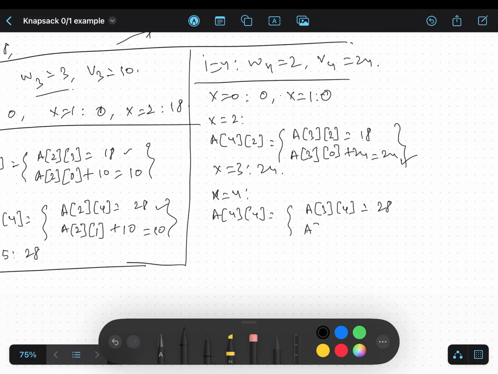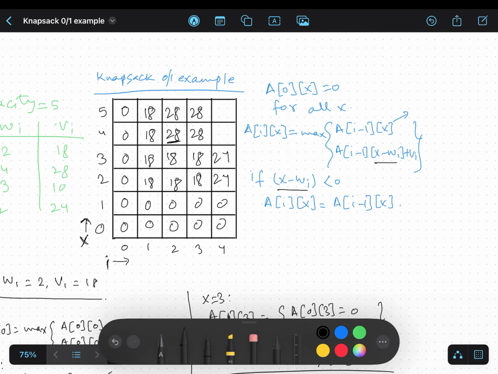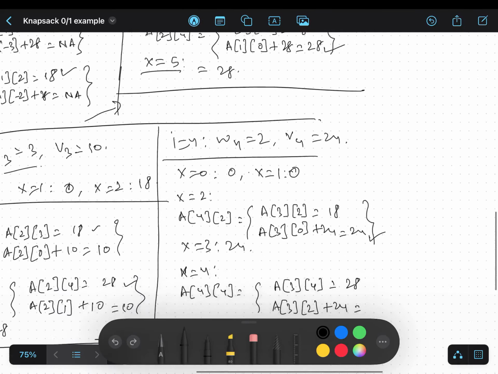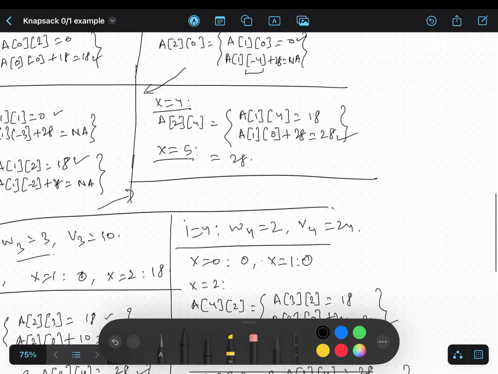And A[i-1] is 3, and x is 4. 4 minus w4 is 2. 3, 2 plus 24 is, so 3, 2 is 18. So we get, this is 18 plus 24 is 42. So A44 is 42.